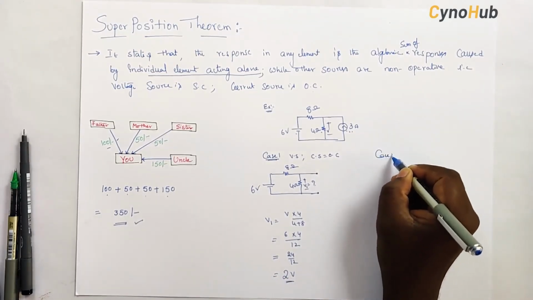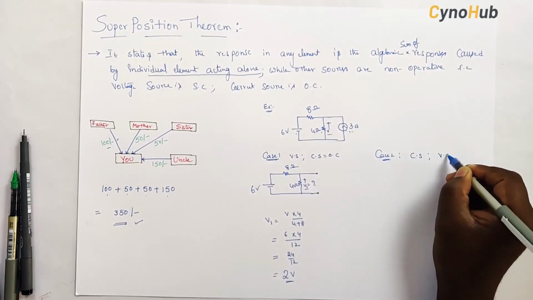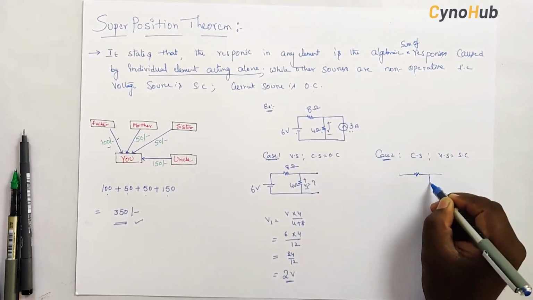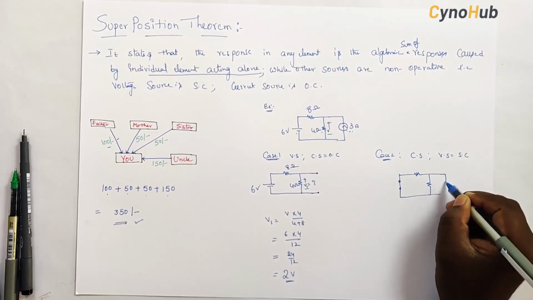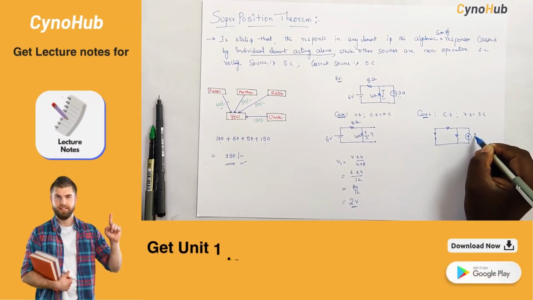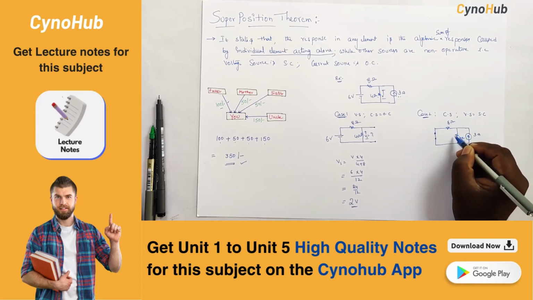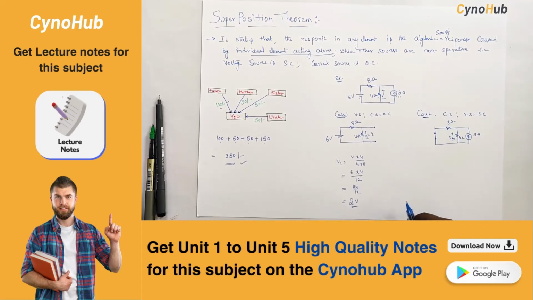Now case 2. I am considering the current source, and the voltage source is short circuited. Redraw the diagram: it is short circuited, and I have a current source of 3 ampere, 8 ohm and this 4 ohm. I want the voltage here, this is V2. Tell me what is the V2 value?